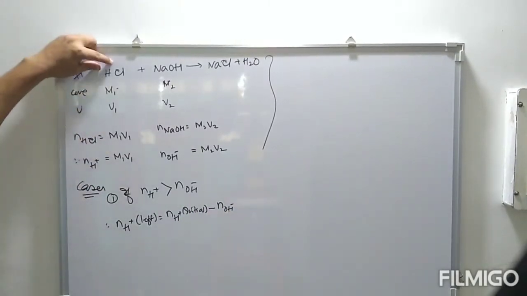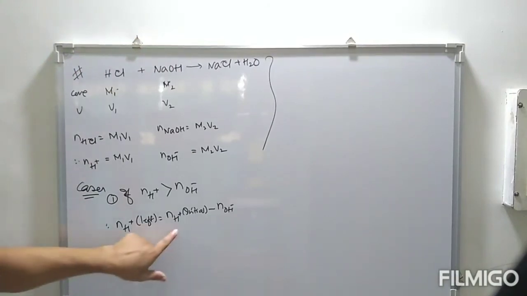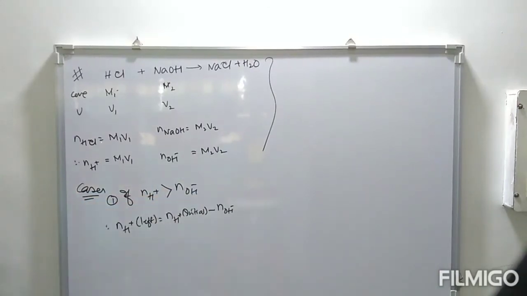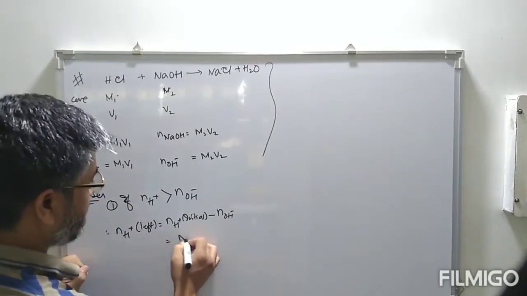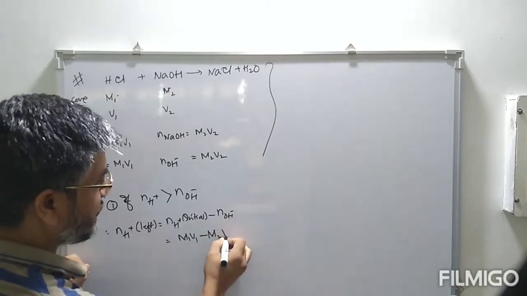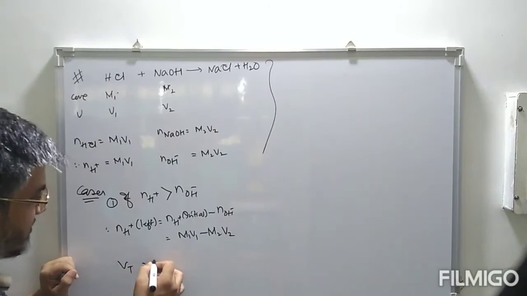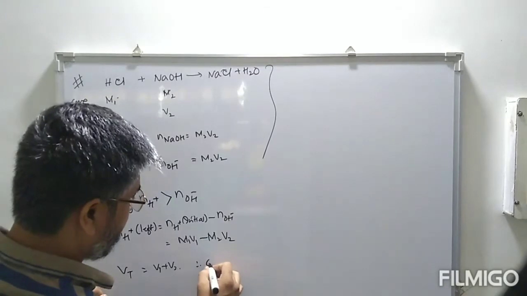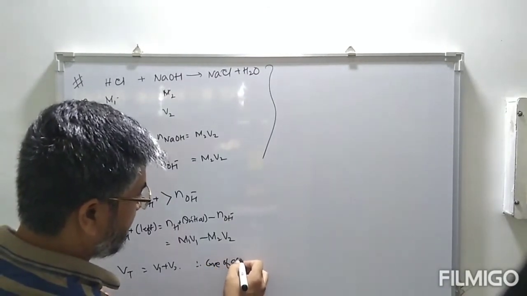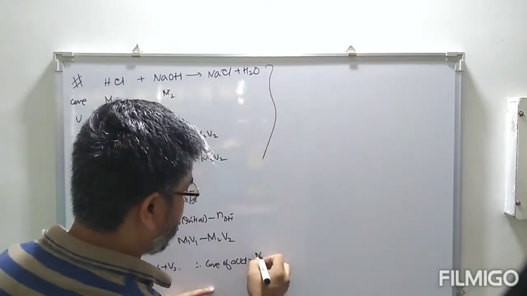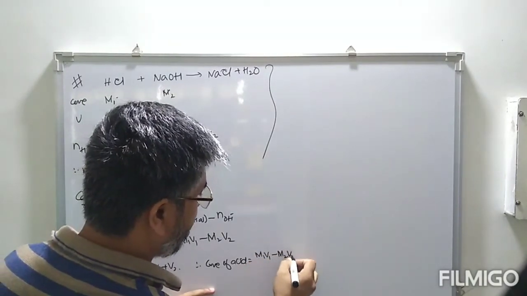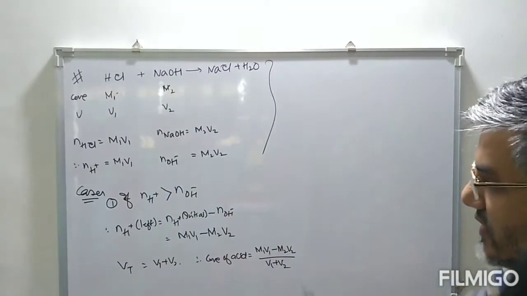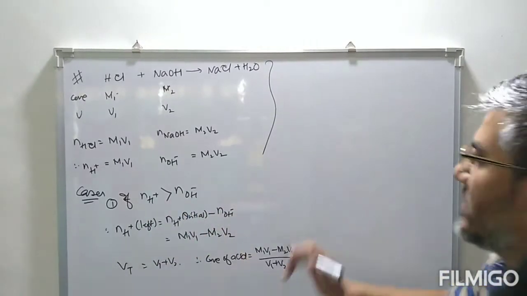Every 1 mole of HCl reacts with 1 mole of OH minus ion. So the number of moles of H plus ion left is initial minus the reacted. So this is M1V1 minus M2V2. Total volume is V1 plus V2. So therefore, the concentration of acid is M1V1 minus M2V2 by V1 plus V2. So this is the case when acid is greater than base.